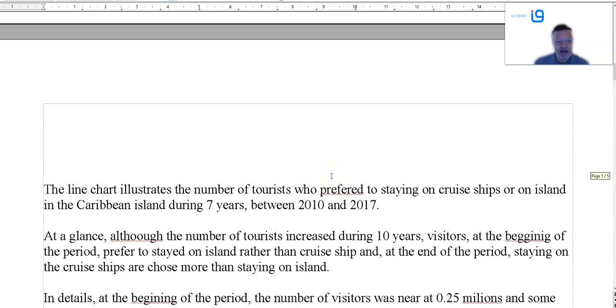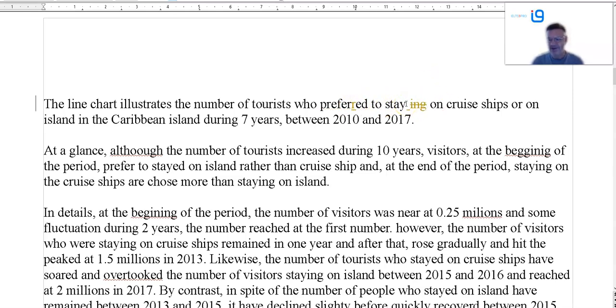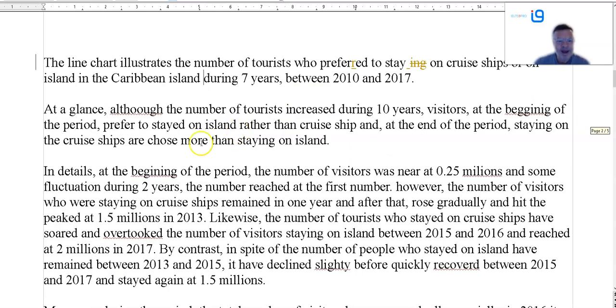Okay, next. The line chart illustrates some tourists who preferred to staying. So we've got our infinitive, but then we've got a gerund, participle, but who preferred to stay on cruise ships or on island in the Caribbean island. So it's a particular island, it's a given Caribbean island. At a glance, well, okay, but you mean from an overall view?